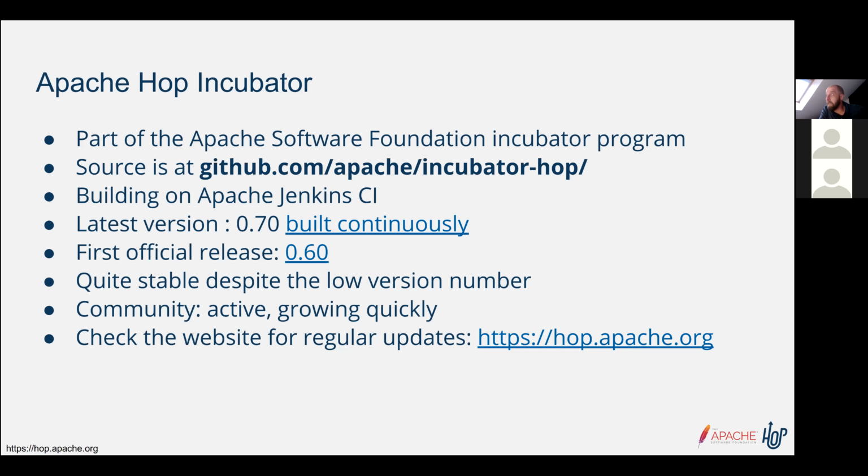The last release that we had was 0.60, but if you take into account what I just mentioned, that we have this history of 20 years of development, that low version number, 0.60, 0.70, may be giving you the wrong impression that this is an immature, young project. We are a young project, but we have a lot of background.